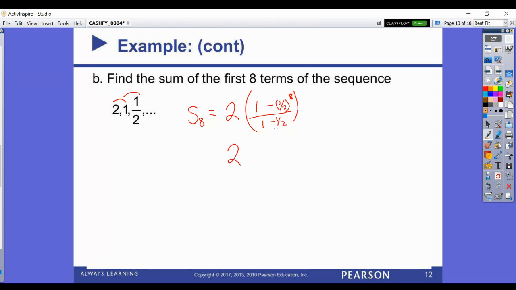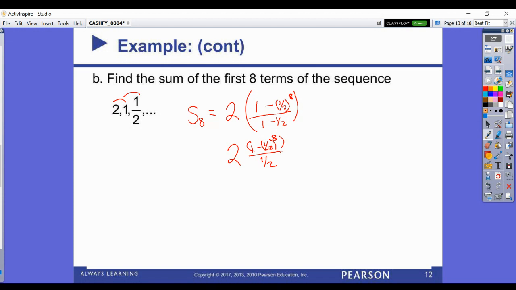Let's do 1/2 to the 8th power, just to see what that is. I don't really want to write it that way. I'll just keep it as 1 minus 1/2 to the 8th power over 1 minus 1/2, which is 1/2. So 1 minus 1/2 to the 8th power divided by 1/2 times 2.